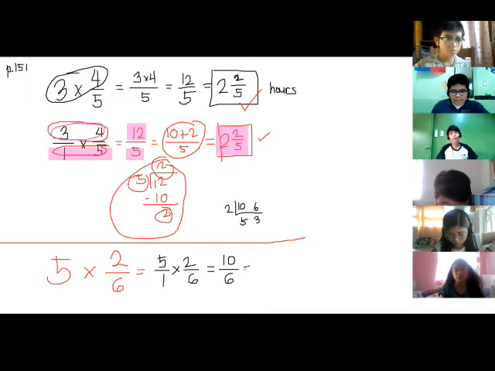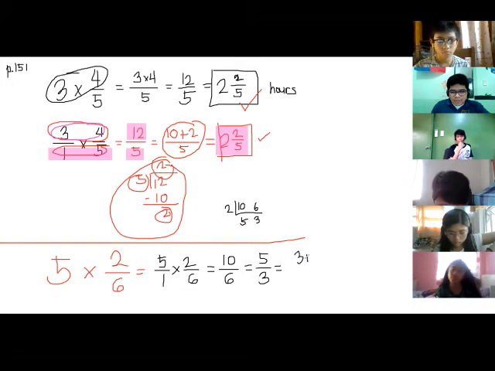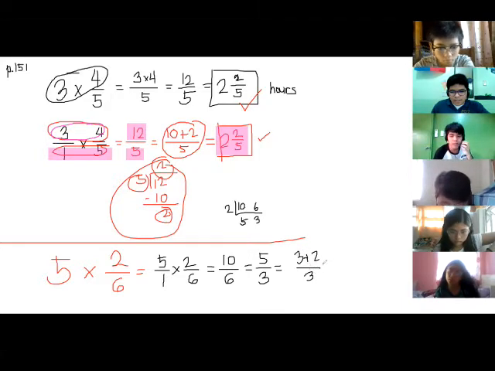So, pwede natin siyang sulat na 5 over 3. Simplified. Then, ngayon na 5 over 3 na siya, pwede natin siyang gawing mixed number. Pwede mong isipin na that is only 3 plus 2 over 3. Yung 3 over 3 is just 1, di ba? So, magiging siyang 1 and 2 thirds.